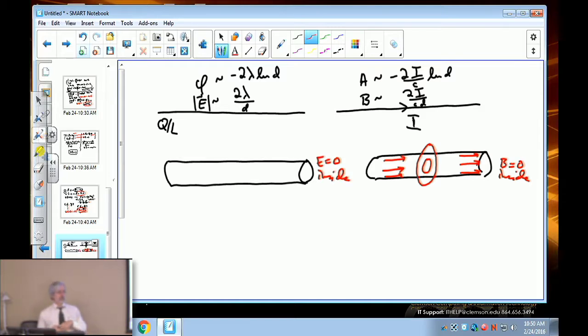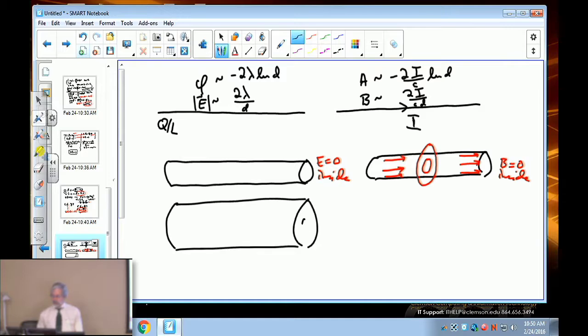So you could construct a coaxial situation, a coaxial cable. You could have 2 cylinders with opposite charge, for example. You would have an electric field between the cylinders, but inside the innermost and outside, you would have no electric field.